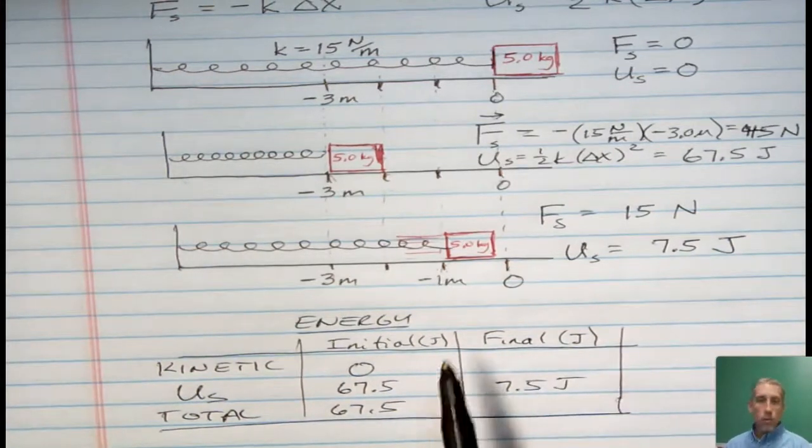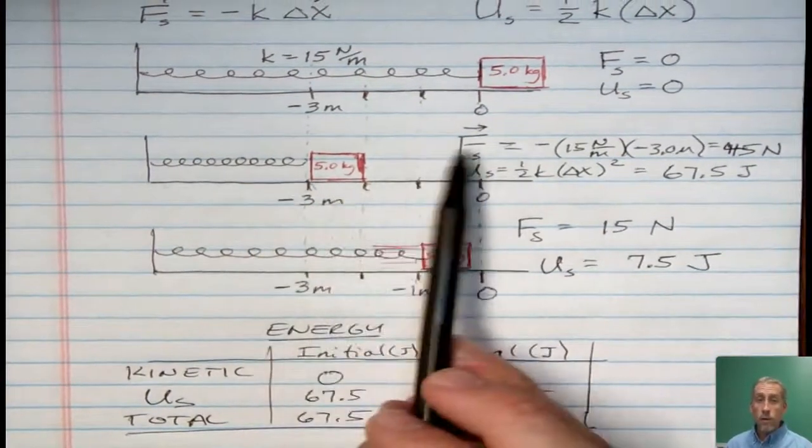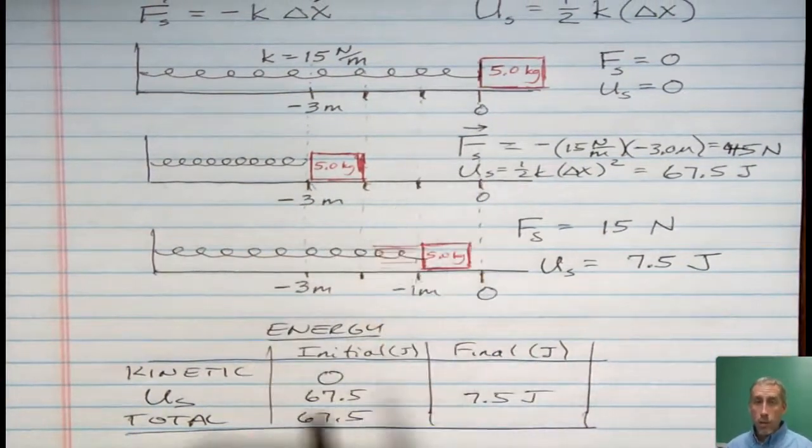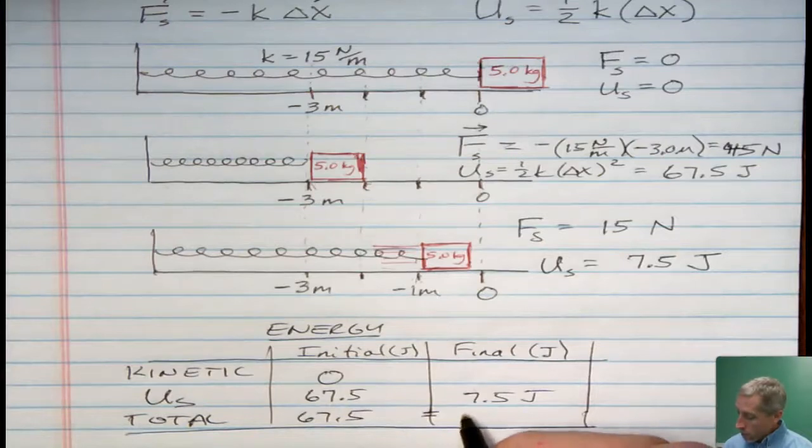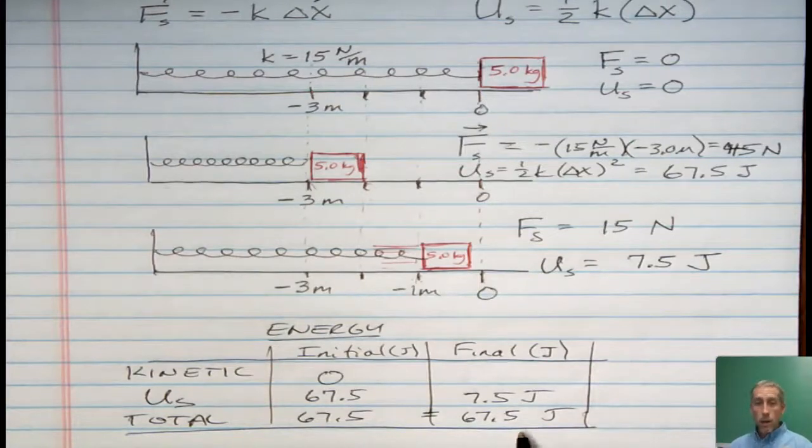Now I didn't state it, but we'll just assume that this is a frictionless surface. We don't have any forces that would be removing any of the mechanical energy. So I can call this a system where energy has been conserved. And so I can also write 67.5 joules of total energy at the end.